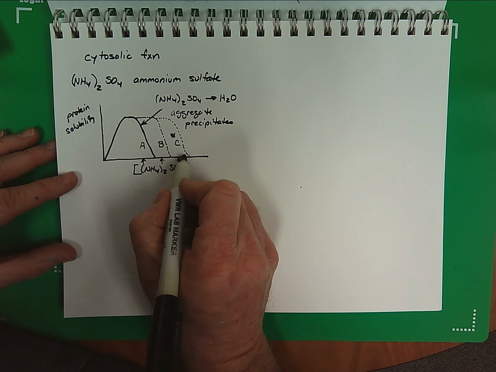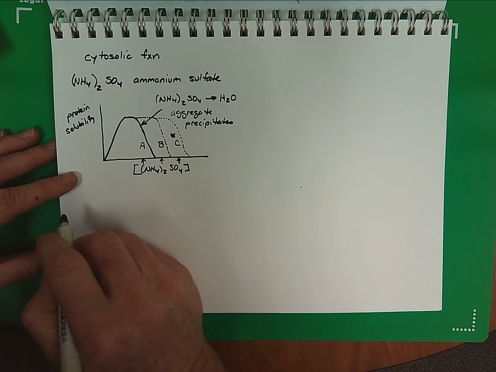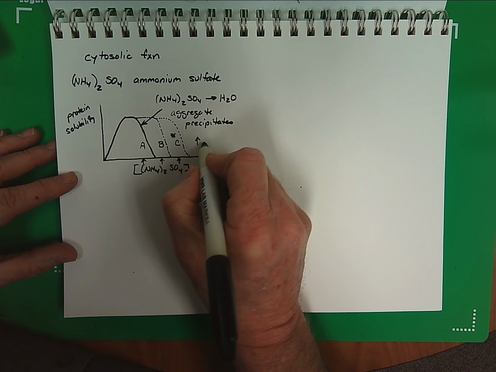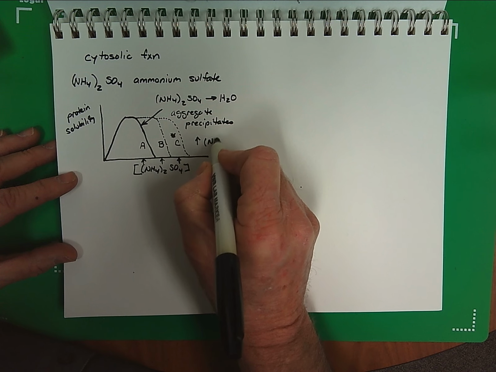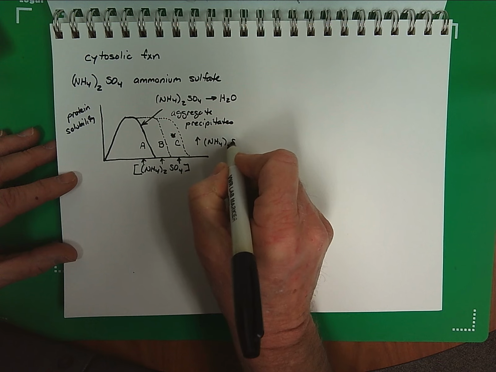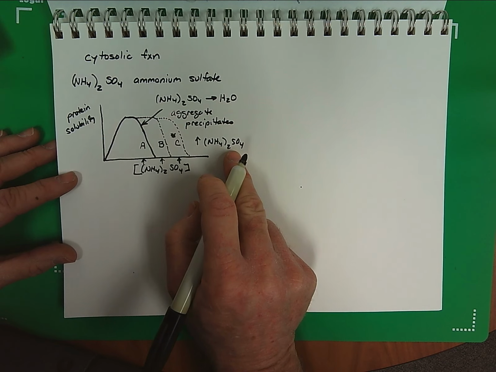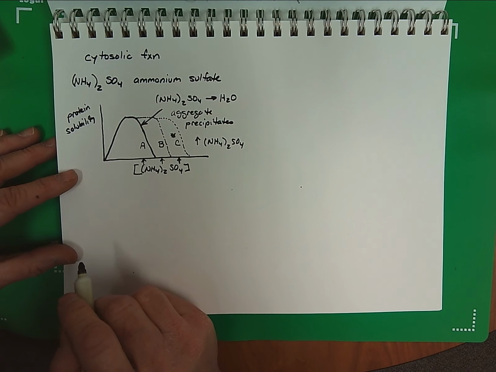Now at this point, when we have fraction C, we have a very high concentration of ammonium sulfate. We have to remove this ammonium sulfate for the next step of protein purification.